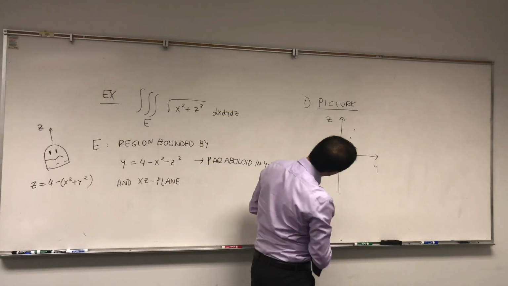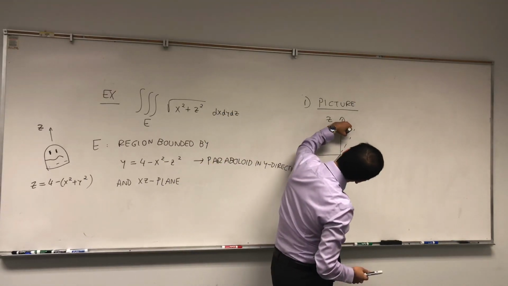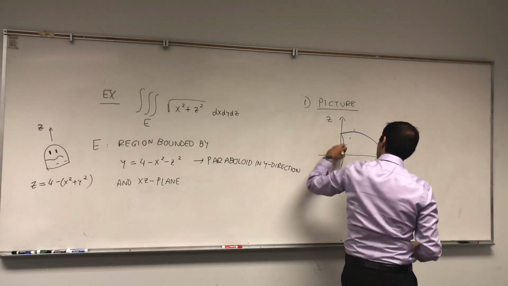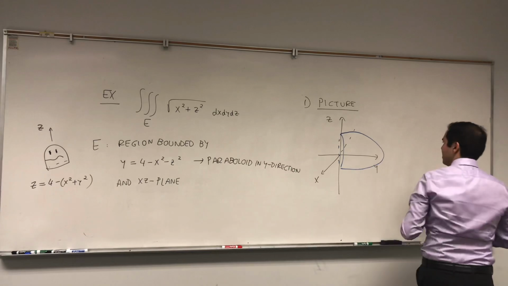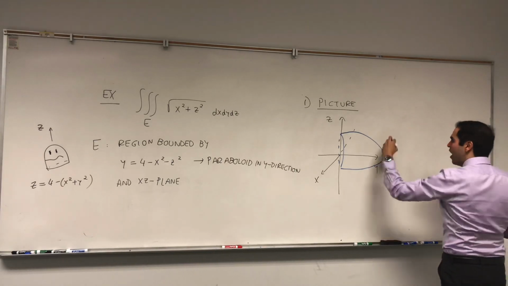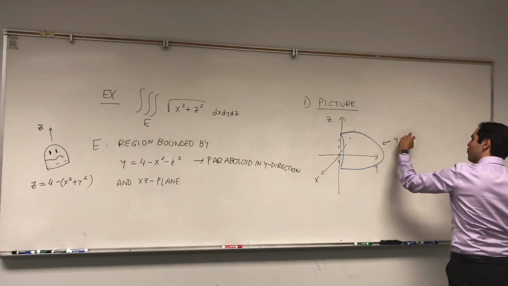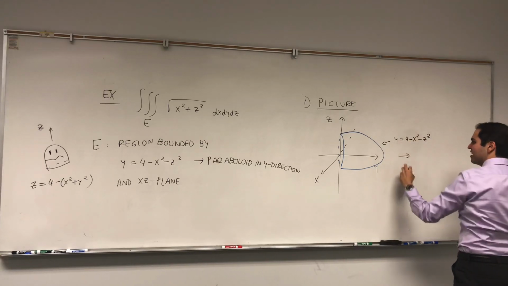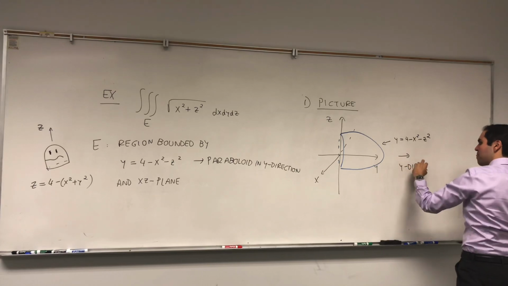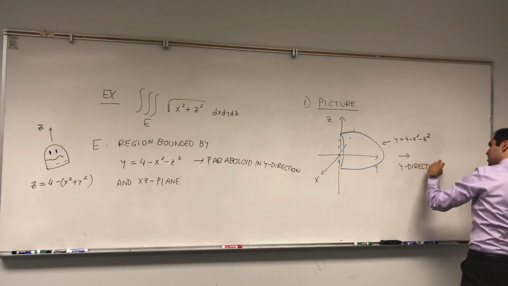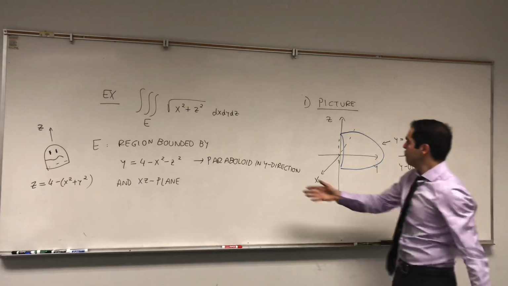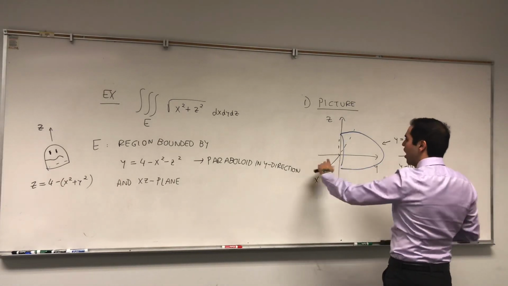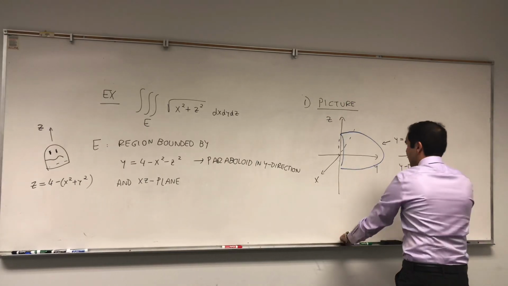In other words, you tilt your head and you draw the same thing here. So this indeed becomes y equals 4 minus x squared minus z squared, which again faces the y direction. And the fact that it's the xz plane just tells you you're just cutting it off at this plane here.